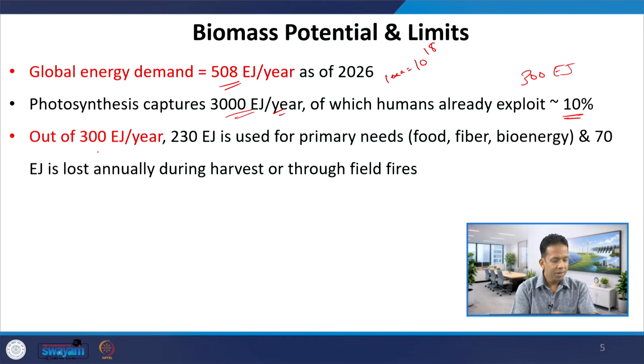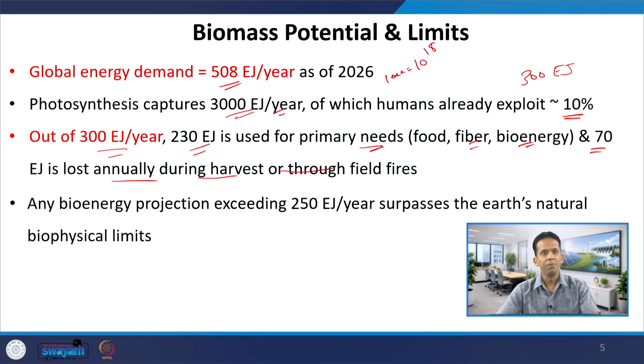Now, out of this 300 exajoule which is used, 230 is used for primary needs like satisfying our food, fiber demand and bioenergy. 70 is lost annually during harvest or through open burning or field fires. So, out of 300 exajoule, we are able to use 230 exajoule.